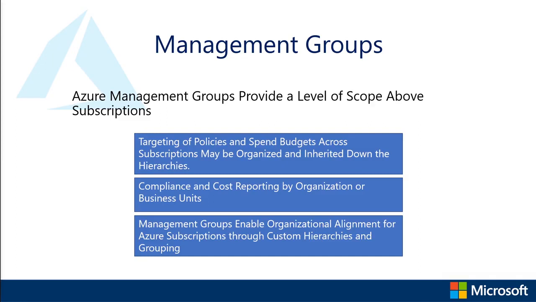Think about the management group as a way of isolating the scope of access to a subscription level. You can have subscriptions for dev, for test, for production, and you can have the three of them in one management group. So we're talking about a top level management group and inherited management groups. That way you can have a granulation of access. That's the objective of using a management group in Azure.